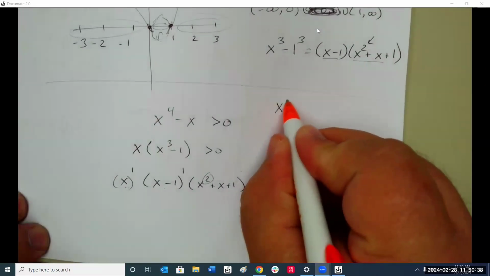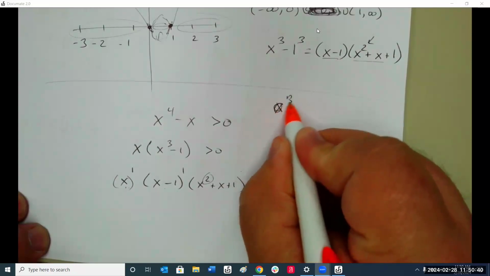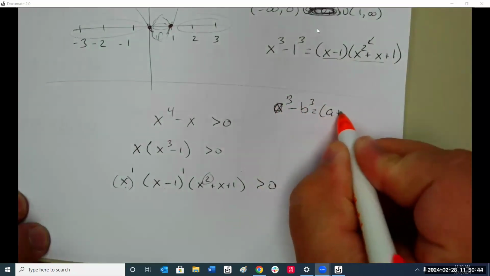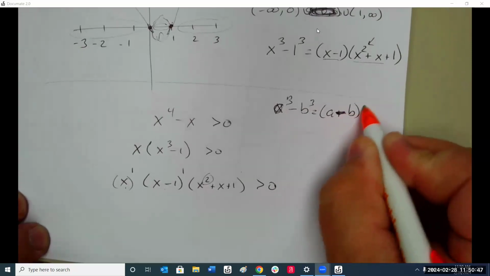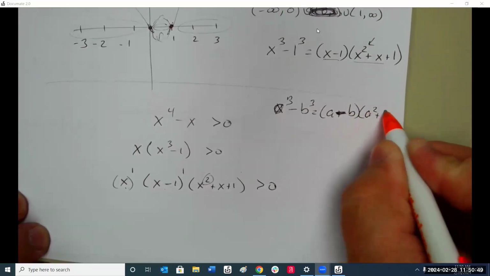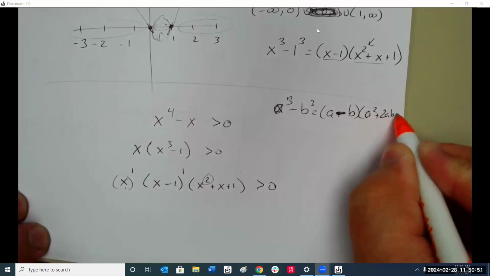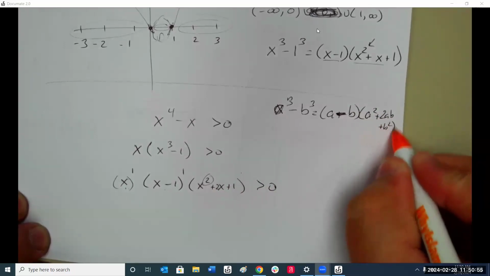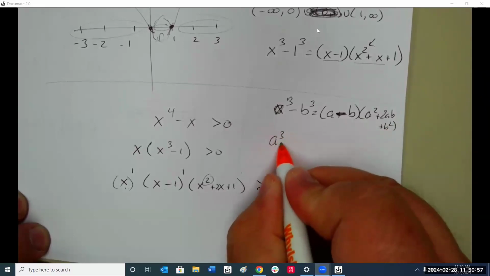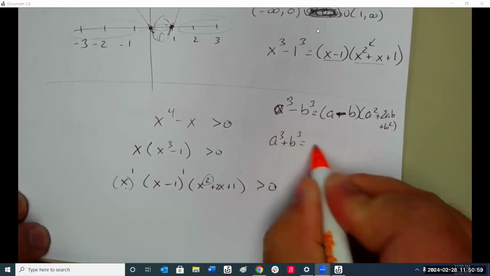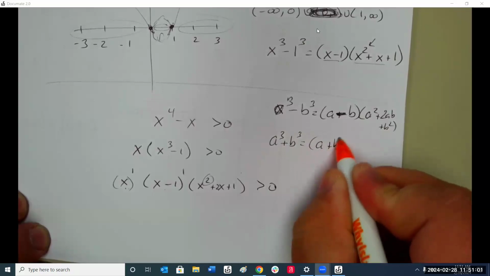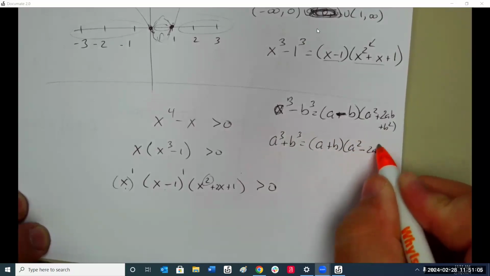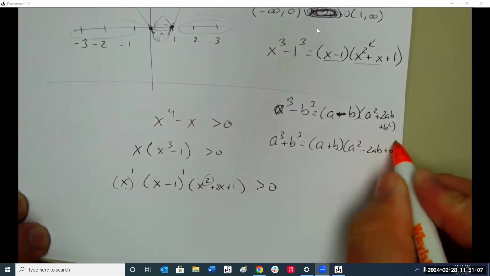So we have to remember a cubed minus b cubed is a minus b, a squared plus ab plus b squared, and a cubed plus b cubed is a plus b, a squared minus ab plus b squared.